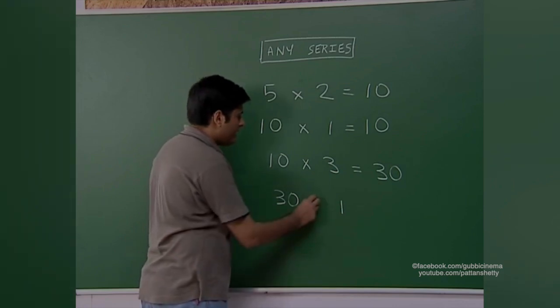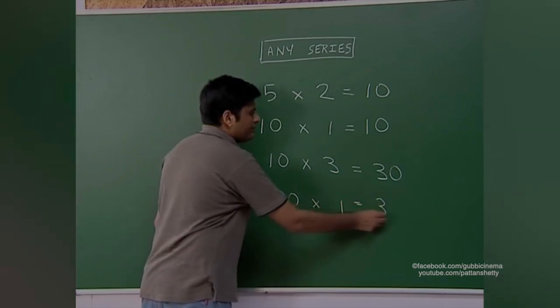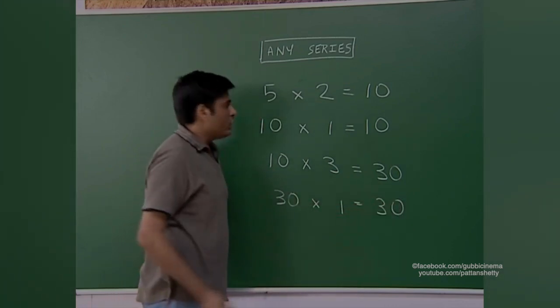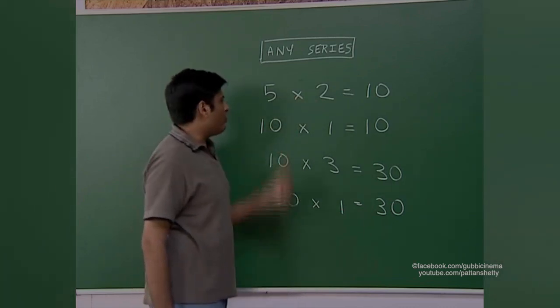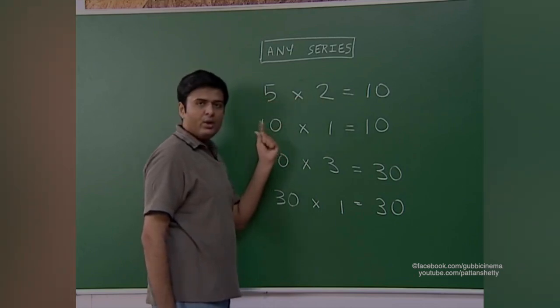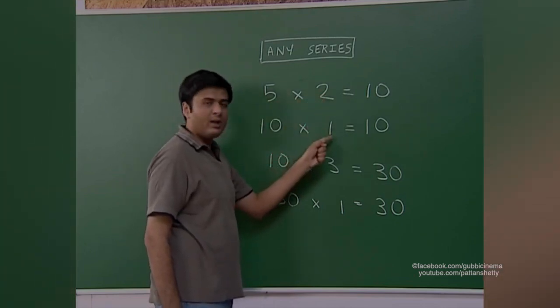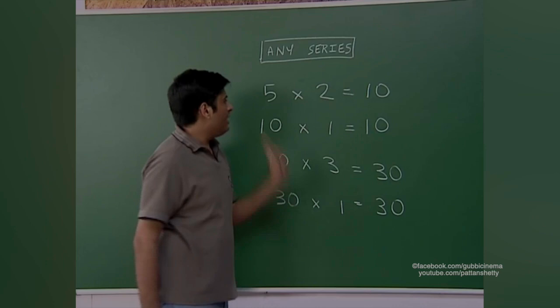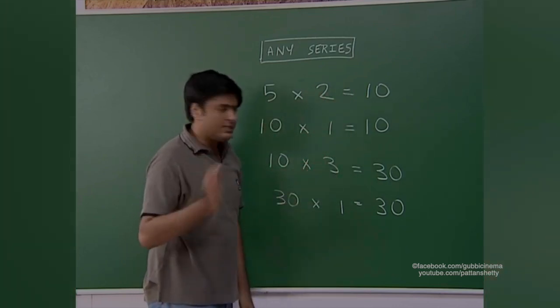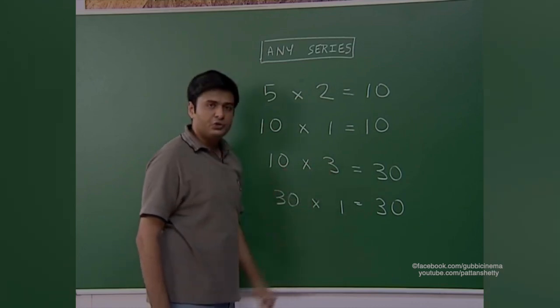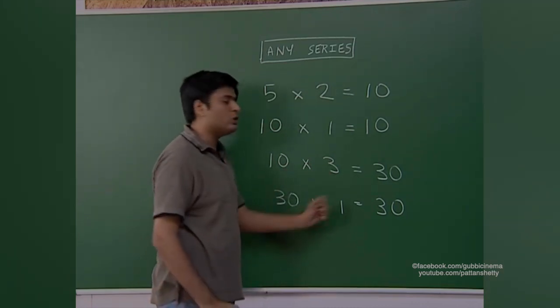Let us multiply. 30 ones are 30. So you see, when there are two numbers given to you, if you multiply this by a certain number and you divide the other number by the same number, answer remains the same. 5 into 2 is same as 10 into 1. Similarly, 10 into 3 is same as 30 into 1.